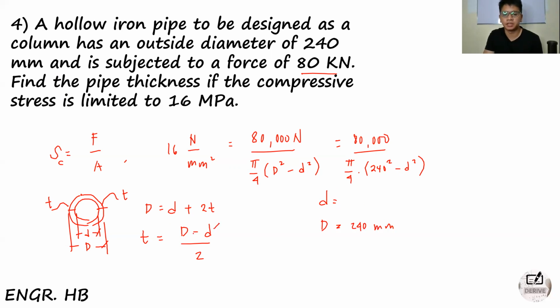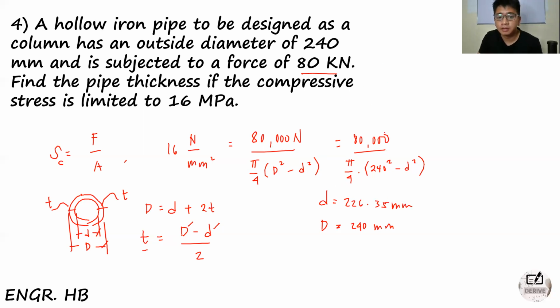So this is a direct substitution: 80,000 divided by 16 times pi over 4, 240 squared. Direct substitute, and we get a small d of 226.35 mm.